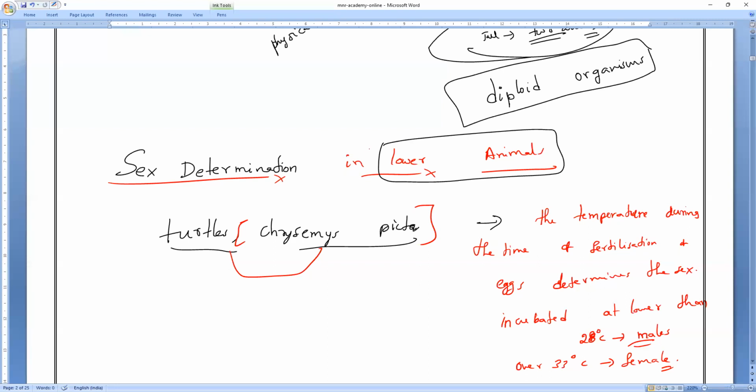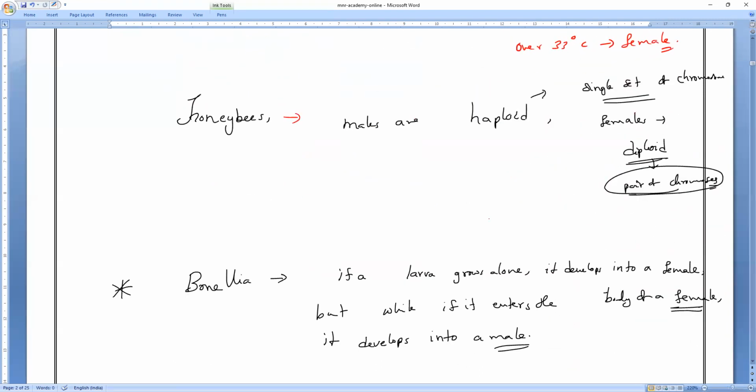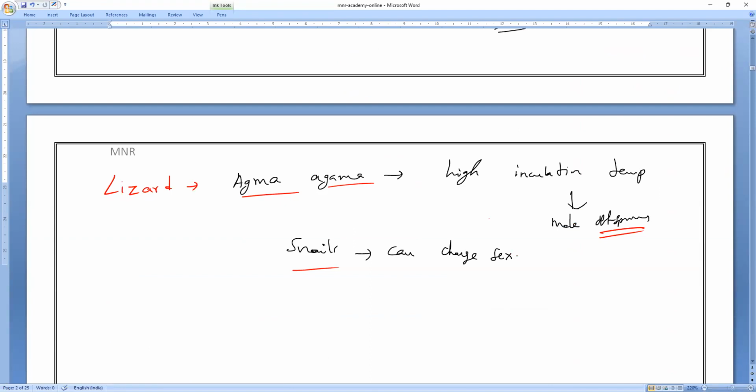So like that, in sex determination in lower animals, surrounding conditions will change it. That is what you have to remember. So this is all about sex determination in lower animals. But let us come to sex determination in human beings.